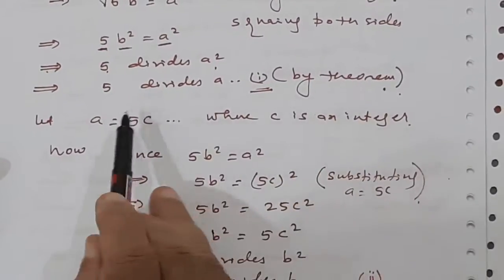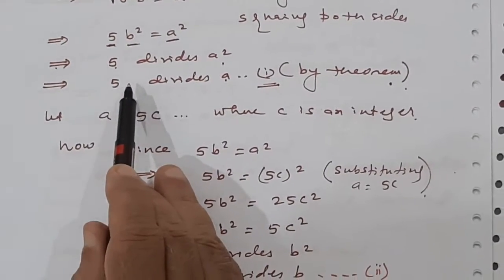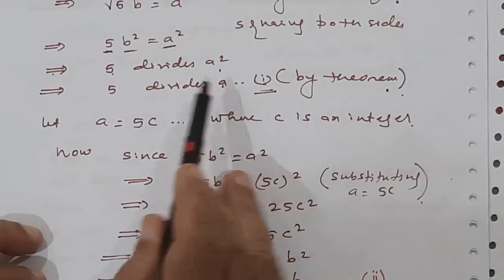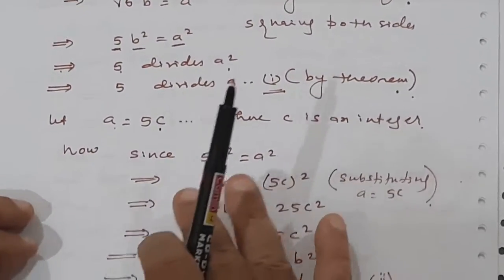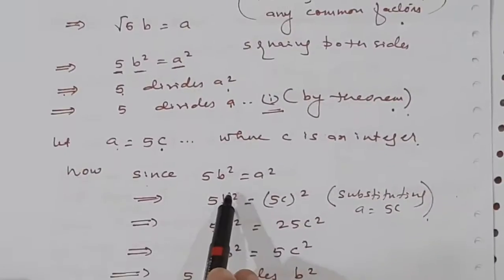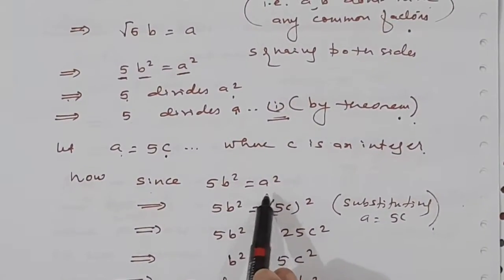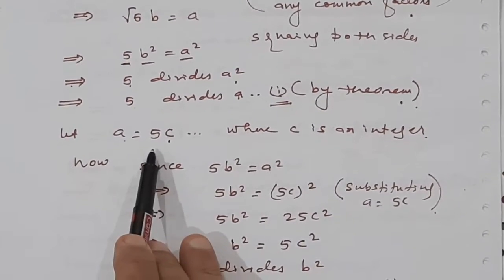Now let us take this a, as 5 is the factor of a, there will be another factor. So we see that a is equal to 5c, where c is an integer. Now take this equation, 5b square is equal to a square, right? And here replace a by 5c.